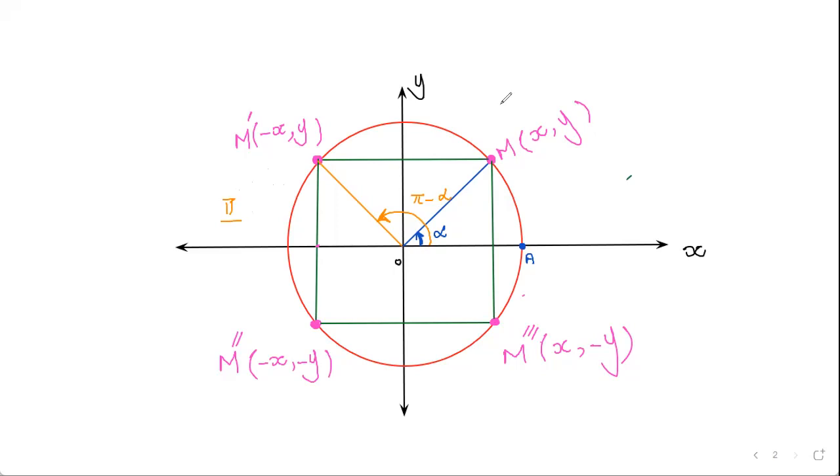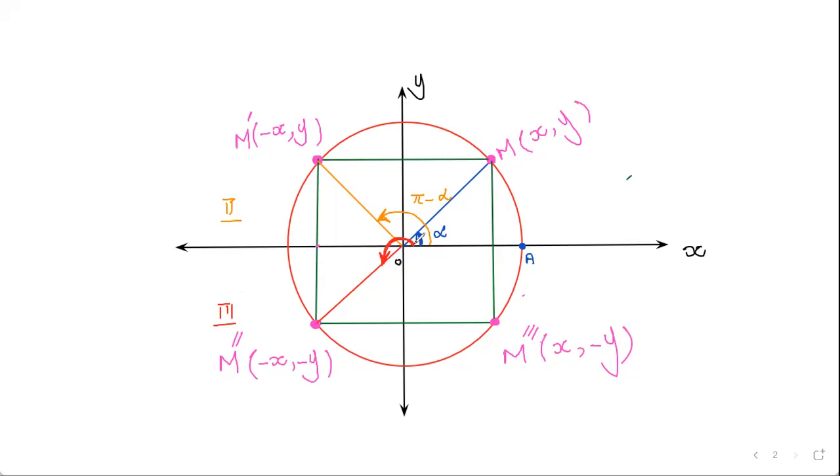Now look at the other one. We say, okay, now I'm going to build another angle. The other angle connects O to M double prime, then the fixed arm is AO, the moving arm is OM double prime. What is the angle that we are cutting from here? This angle happens at the third quadrant.